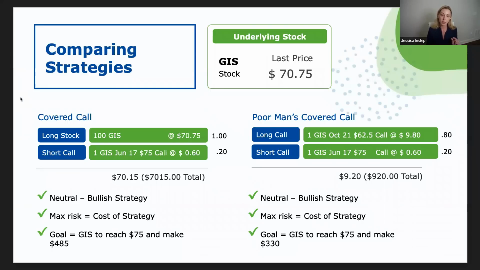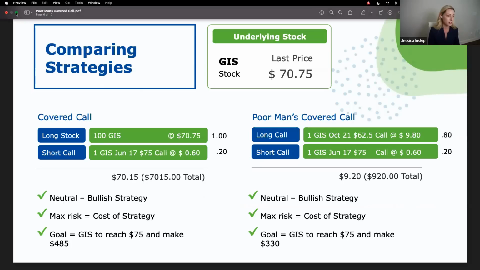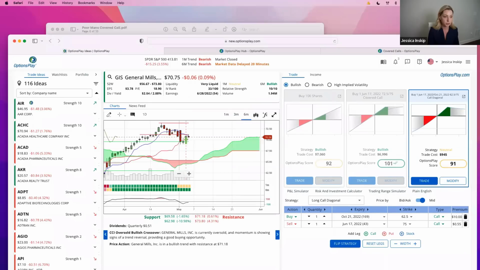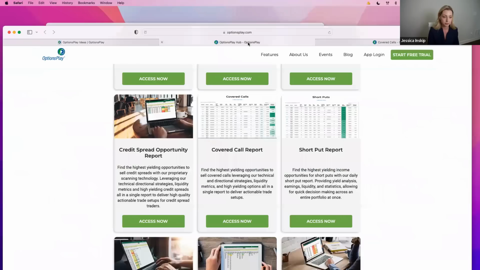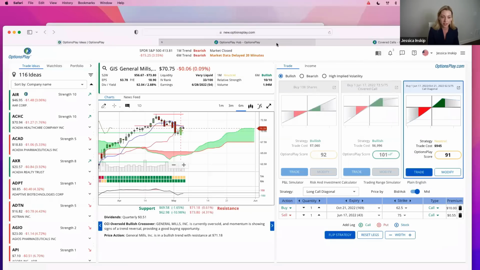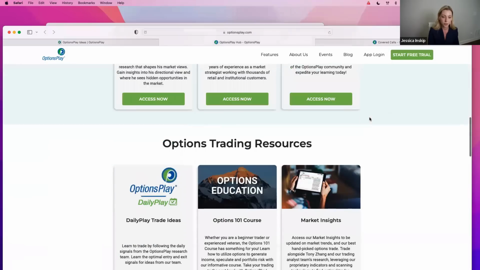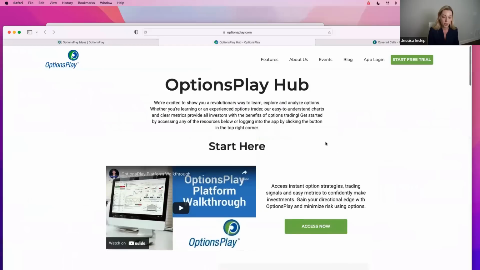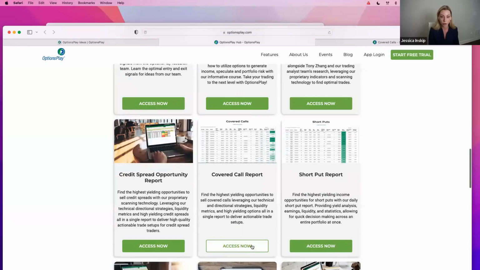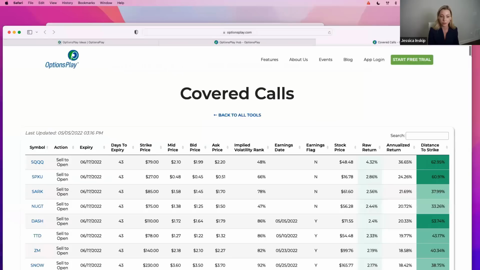I found something, and I sorted it by IV rank. Let me just show you how I did that now, actually. I think that might be a good idea. So here on the OptionsPlay platform, if you're on the platform, you click this button here, and it'll take you to the OptionsPlay hub. Then in the OptionsPlay hub, I am going to the covered call report here, which I've preloaded over here.